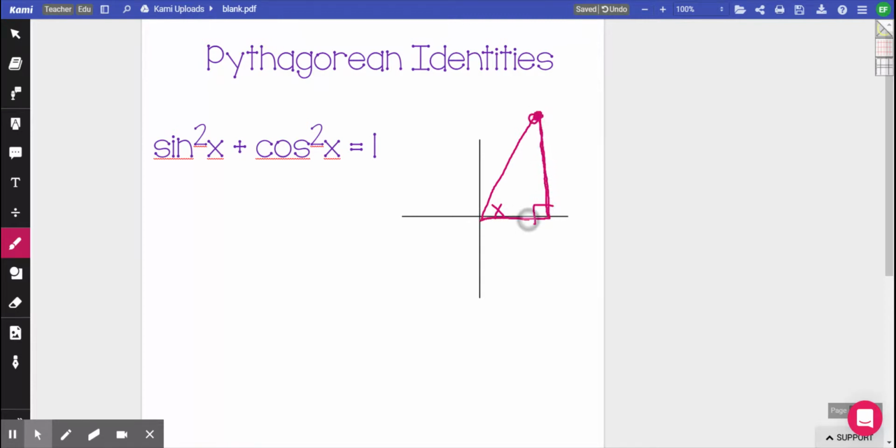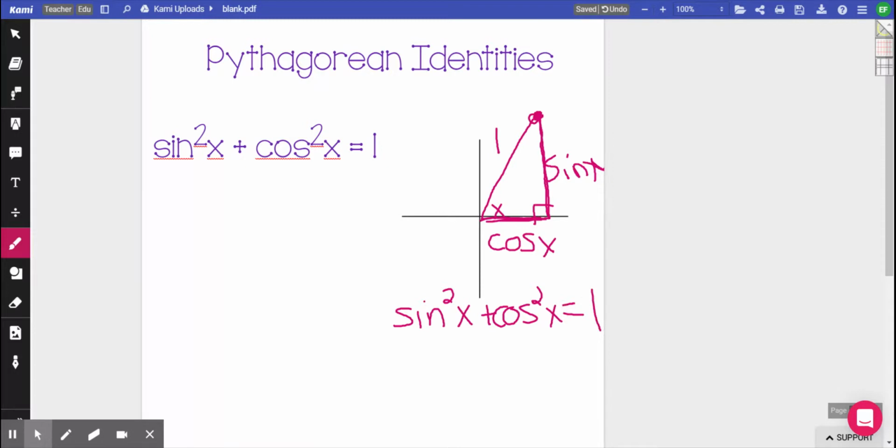So if this side length here represents the cosine of an angle, and the side over here represents the sine of an angle, and remember we're talking about a unit circle, so the radius is always equal to 1. If we just use our Pythagorean theorem, it would be each of the legs squared is equal to the hypotenuse squared, which 1 squared is just 1. So that's where our Pythagorean identity, the most basic one, comes from.